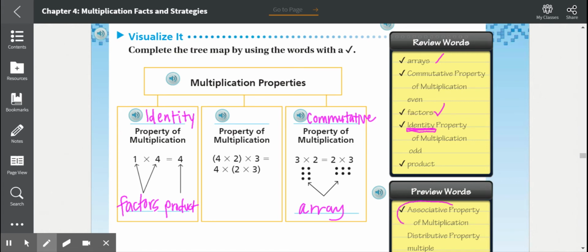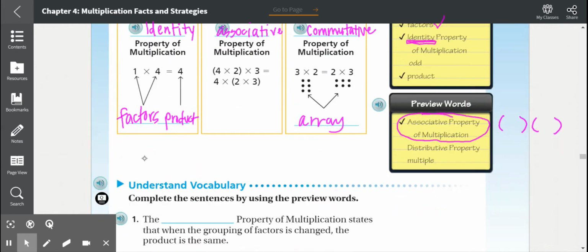This is the associative property of multiplication. The associative property is when the numbers are grouped differently, and then you'll see these things called parentheses. So we'll write associative up here. Okay, let's keep going.